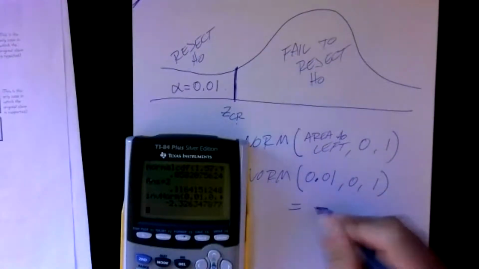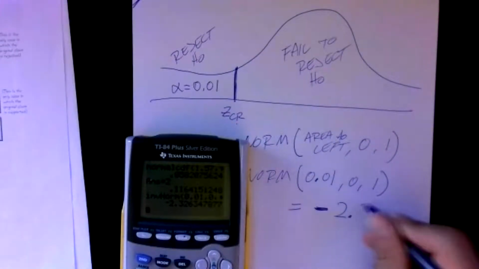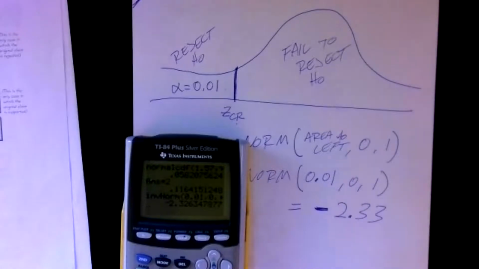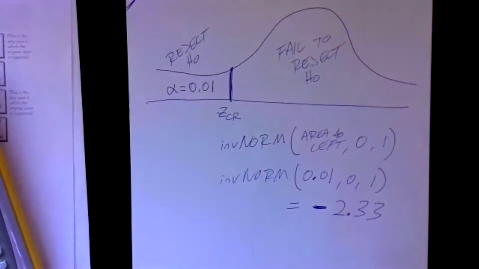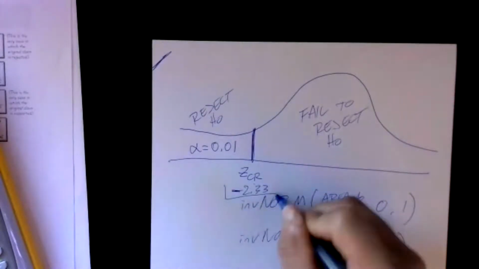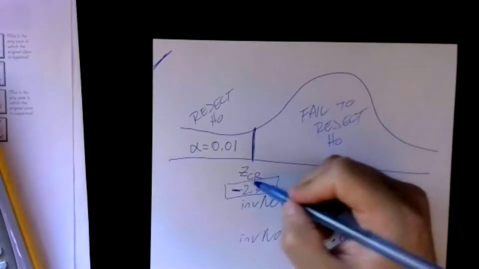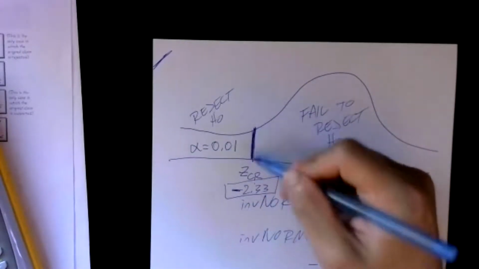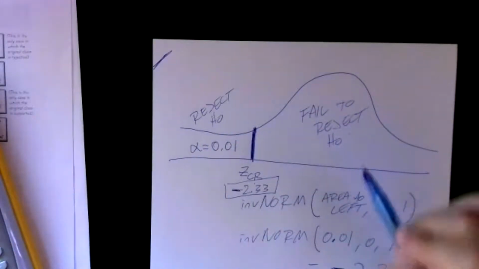Which is negative 2.33. Now we get a negative, and we should, that's to be expected because it's on the left. Now, this is what separates the rejection region from the fail to reject region.